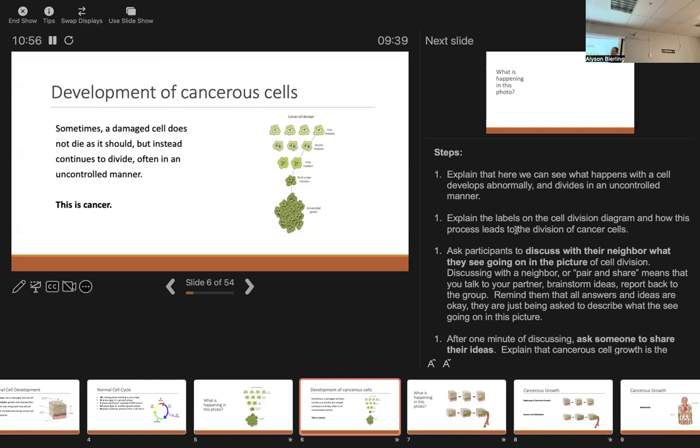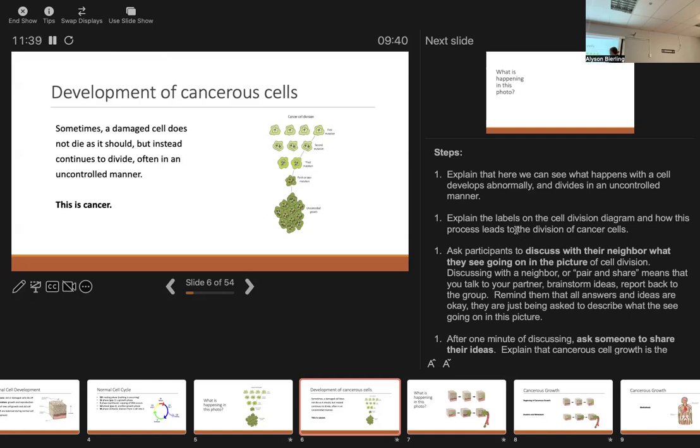The body still doesn't detect that there's something wrong happening, and then continues to go through that cell cycle, creates a third mutation, and then again, the body still doesn't detect that there's something abnormal going on, develops a fourth or a fifth or a sixth mutation, okay? And then all of those checks and balances are off, and that normal process of apoptosis and proliferation, so growth and dying off, is no longer happening.